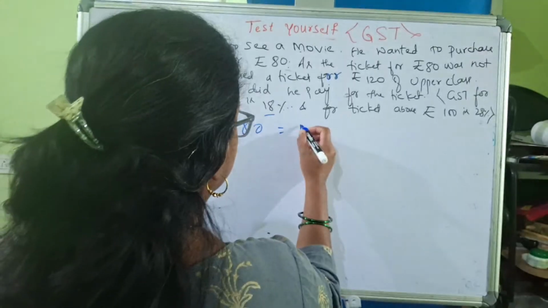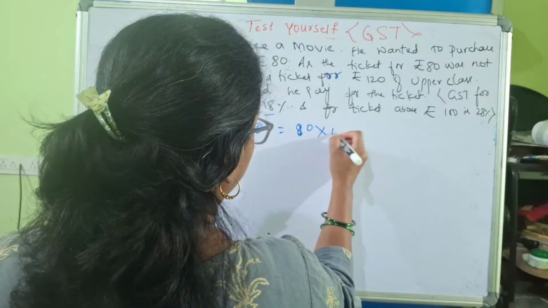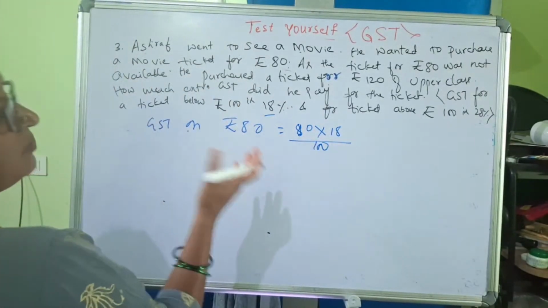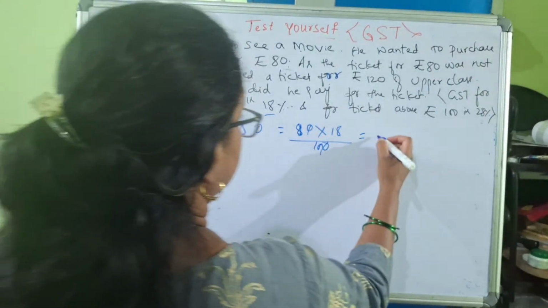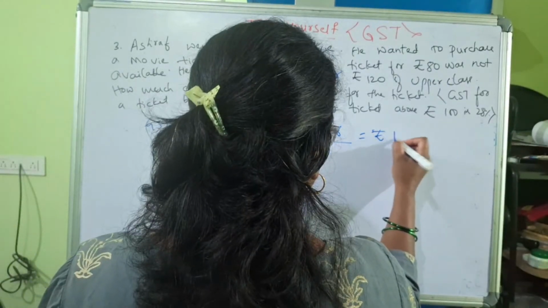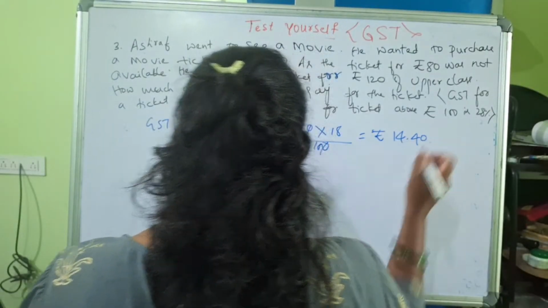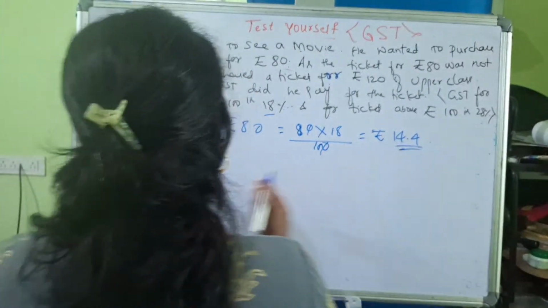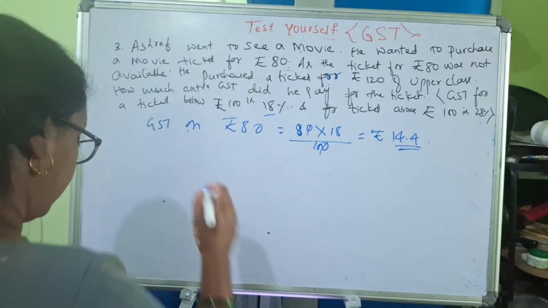That means 80 into 18 divided by 100, that is 18% of 80 rupees, which is equal to rupees 14.40. 14.4 is the GST on the rupees 80 ticket.